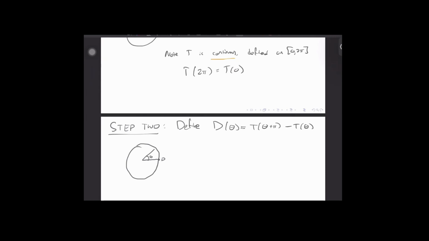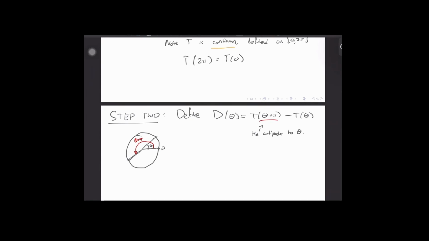Well, the angle theta plus pi is going to look like the exact opposite point, the antipode to the point theta. So this is the antipode to theta along the great circle.